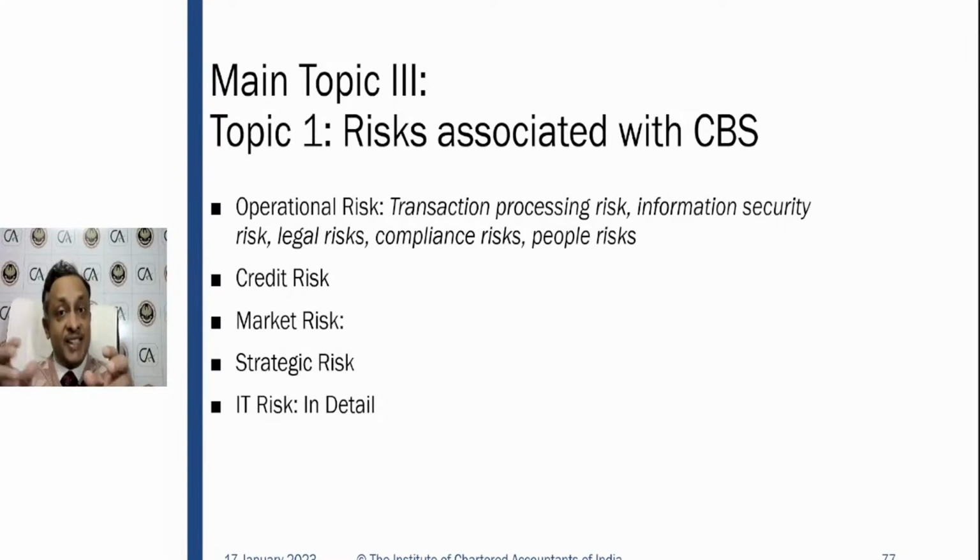You know, CRR, we talked about cash reserve ratio, SLR, statutory liquidity ratio, ALM, asset liability management. These are all risk management frameworks where the definitions of the risk management frameworks have ideally been created in Basel. They are part of Basel norms.